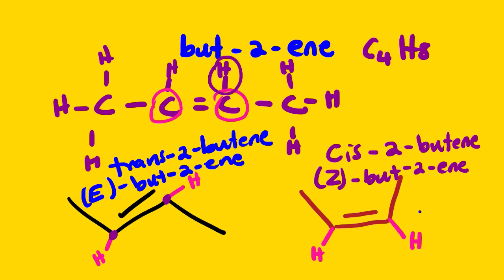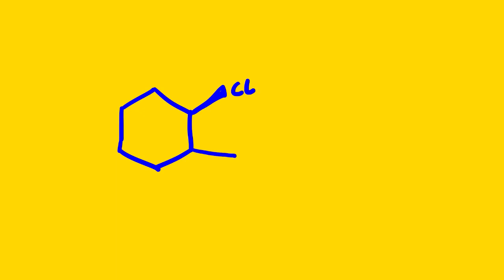Let's quickly look at another example. Suppose we have this cyclic compound, and it has a chlorine attached to it and another chlorine attached to it. We know that this solid line simply means that these chlorine atoms are towards the screen, or towards you.